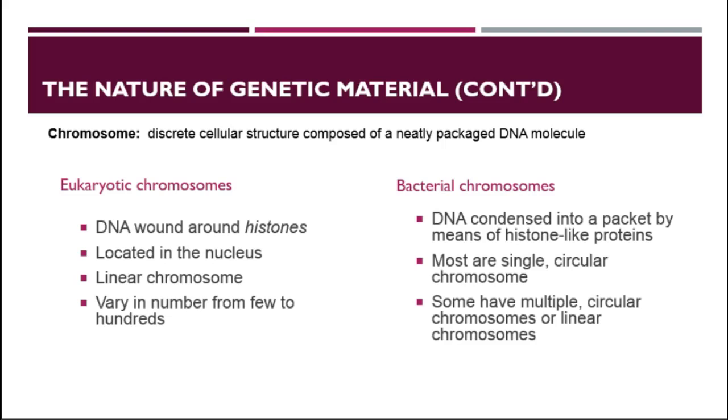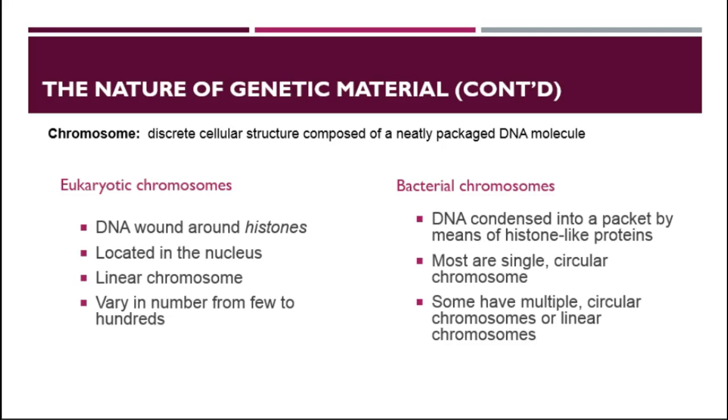The bacterial chromosome is also condensed and packed into its more compact shape, but it doesn't use histones. They are proteins that are similar to histones, but not exactly the same.